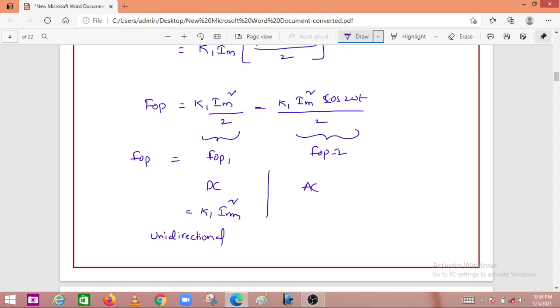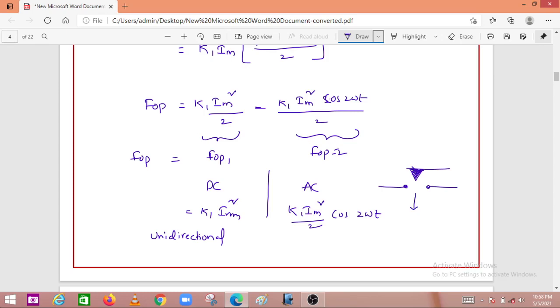But if you come to the AC component, we are having K1 into Im square by 2 into cos 2 omega t. So here the plunger is like this, as we saw just now. If you apply a unidirectional DC, then the plunger will be moving downward as per our application.